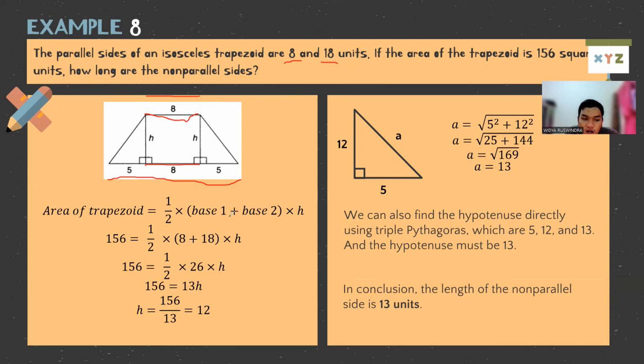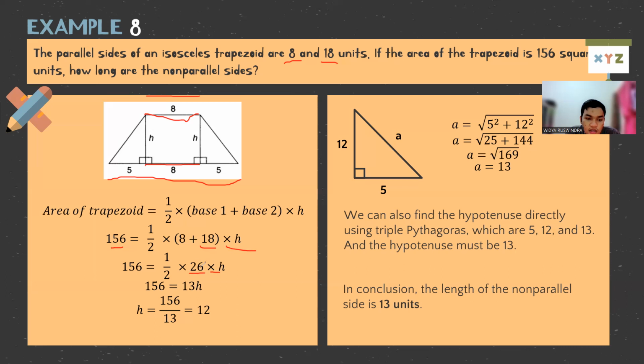So 156 equals 1/2 times base 1, which is 8, plus base 2, which is 18, times h. We get 156 equals 1/2 times 26 times h.